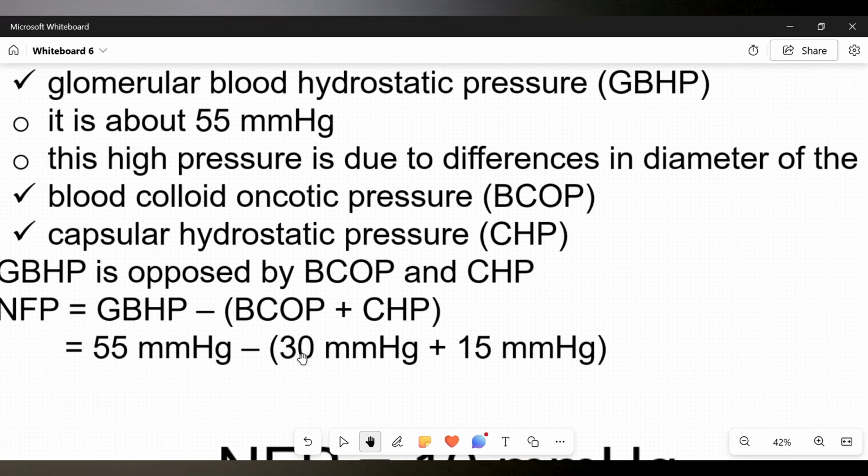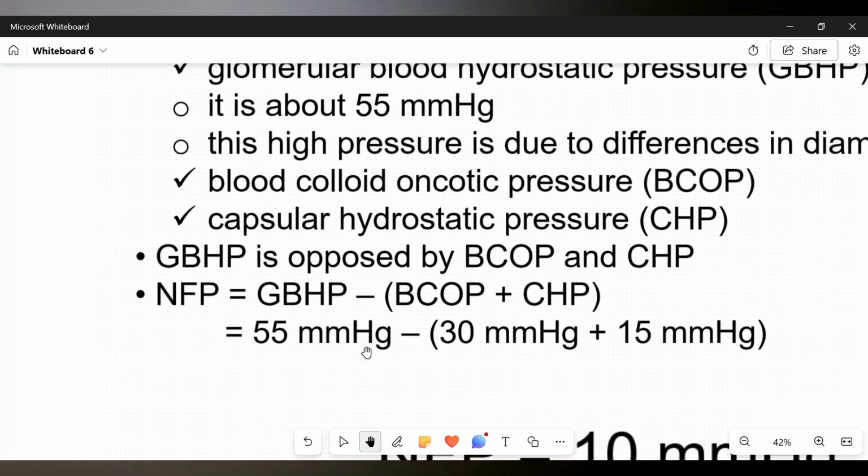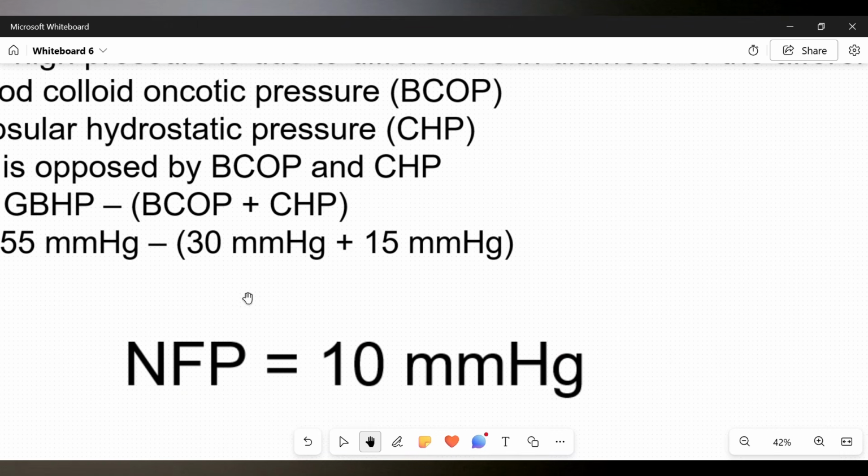So 30 millimeter mercury plus 15 millimeter mercury will give us 45 millimeter mercury. If we subtract that from glomerular blood hydrostatic pressure, it gives us a net filtration pressure of 10 millimeter mercury. 10 millimeter mercury therefore becomes the resultant pressure which will facilitate filtrate being formed.